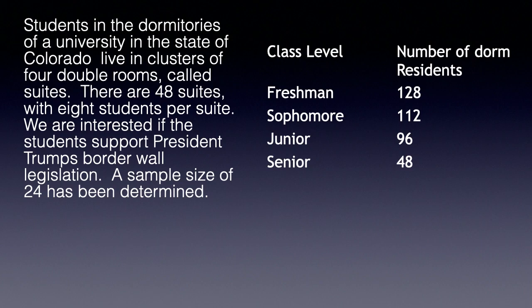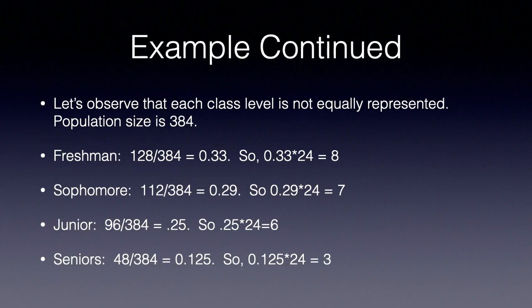So to proportionally allocate, we can note that if we add up the number of residents, that should be 384. So notice 128 divided by 384 says we should get about 33% of our sample. So this says at the end of the day, 8 people come from freshmen, 7 from sophomores, 6 from the juniors, and 3 from the seniors.